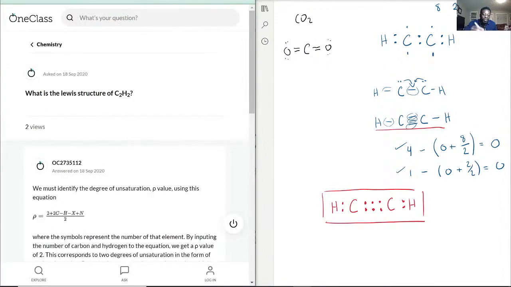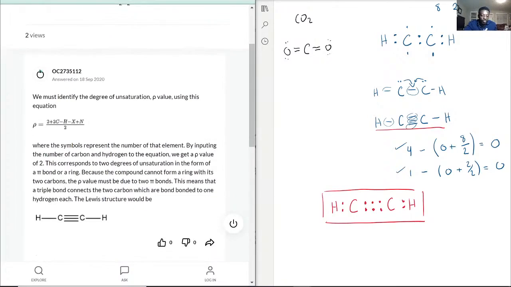Let's see what they did. So they find a degree of unsaturation through that equation, which honestly I'm not too familiar with. What it looks like they do is 2 plus 2C. Oh, interesting. So it's kind of like trying to find what type of bond it is, and it does so based on the degree of unsaturation.